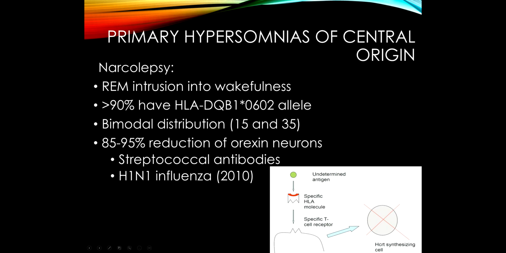If we have an antigen that combines with the HLA molecule, the protein, then this causes a modulation of T-cell receptors, which leads to a dropout in the orexin-producing neurons. This is hypocretin. Remember, that's the same thing as orexin. So in terms of pathophysiology, there's some infectious antigen that seems to trigger this in a genetically prone population.